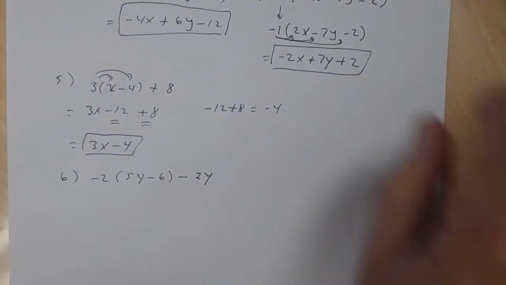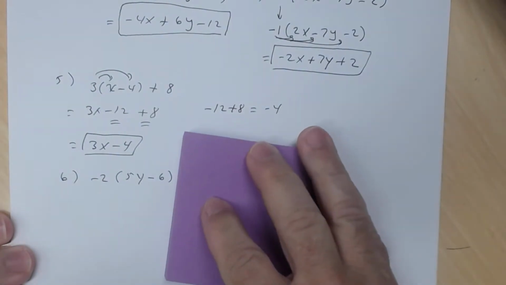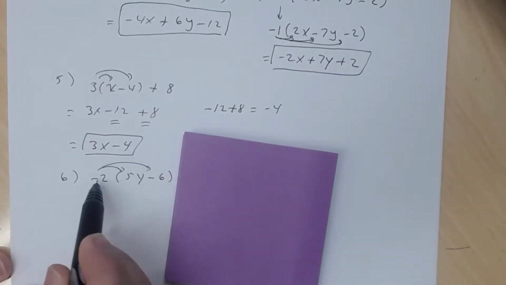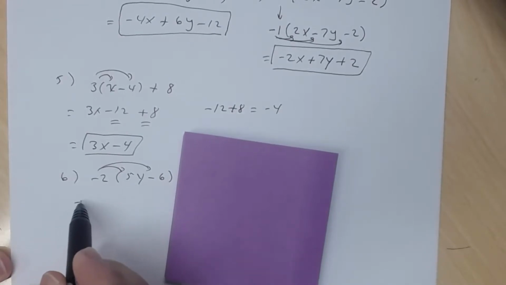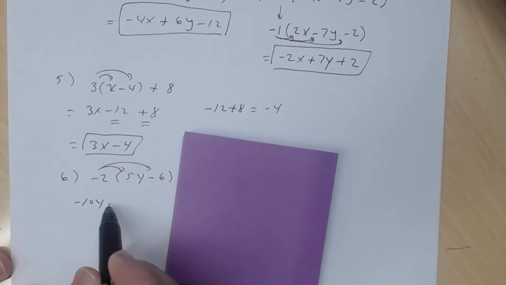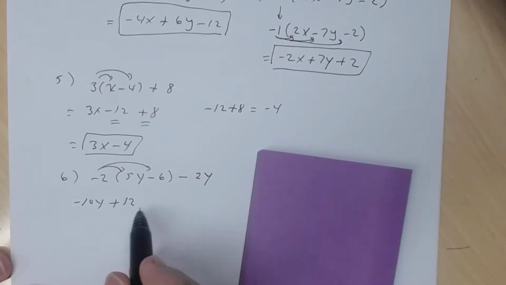If you need to, cover up the rest and go ahead and cover it up. You're distributing the negative 2 through here. Negative 2 times 5y is a negative 10y, and negative 2 times a negative 6 is a positive 12. But don't forget you do have this negative 2y as well. Now those are my 3 terms.